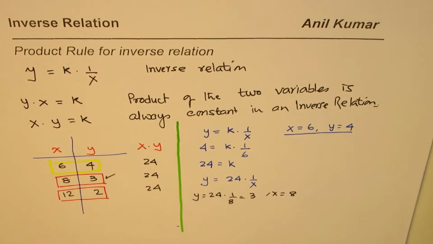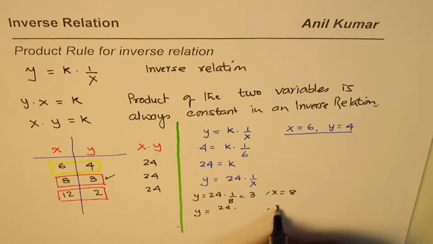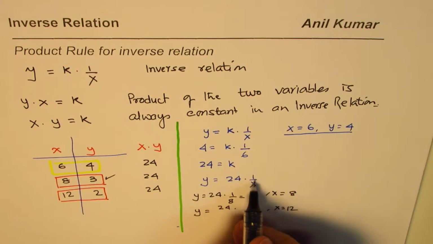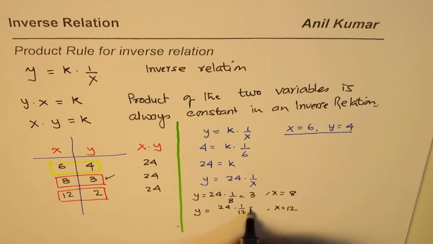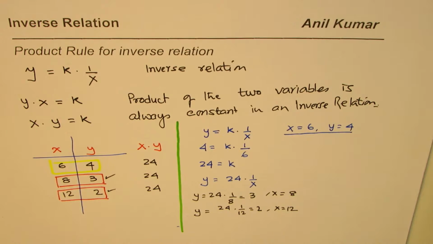Well, we do get 3. Let me check the other value, x equals 12. I'm replacing 1 over x by 1 over 12. 24 divided by 12 is 2, which is also the y value in the given table.